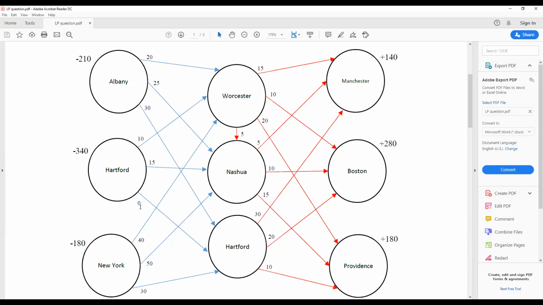They can just store it in the same place. And also, you can send some product from Worcester to Nassau too. So there's a link between two of the warehouses.